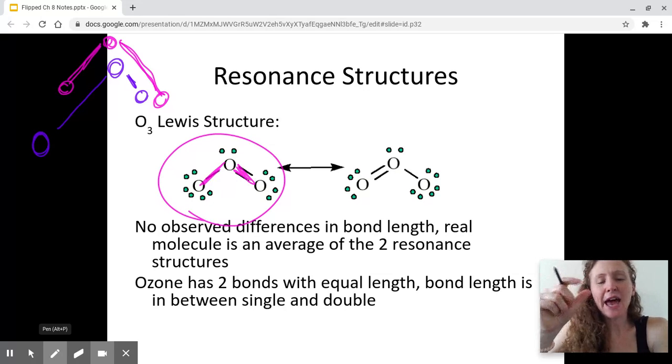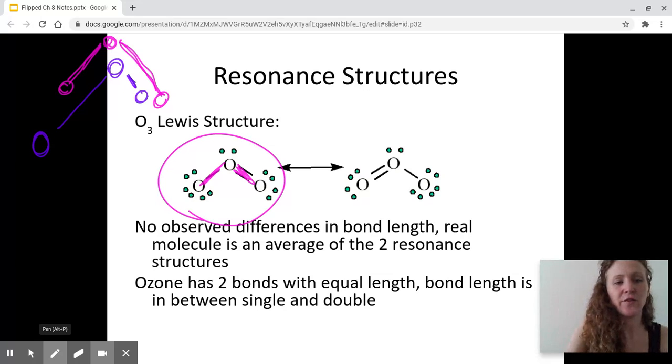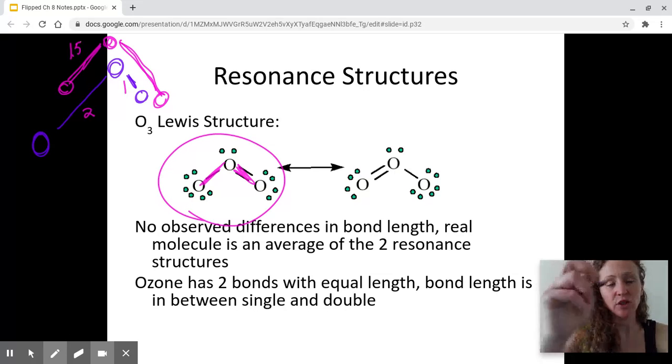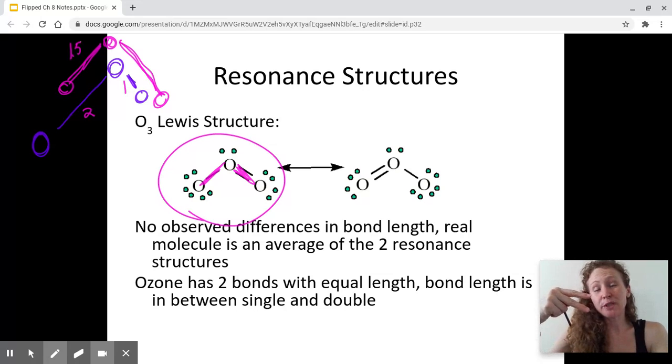They're this halfway length. If the double bond is a length of 1 and the single bond is a length of 2, the bond that actually occurs in ozone is a 1.5. So the Lewis structure is not matching reality for those two reasons. A, the molecule is symmetrical. B, the bond length is like a 1.5 bond length, which is not predicted by the Lewis structure.